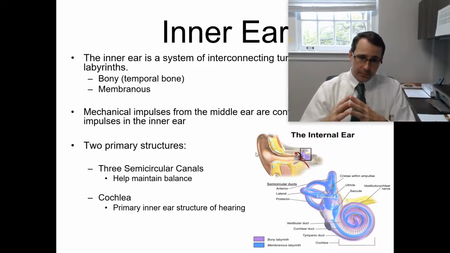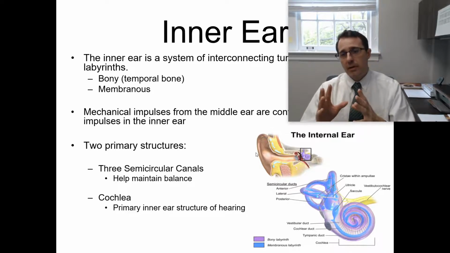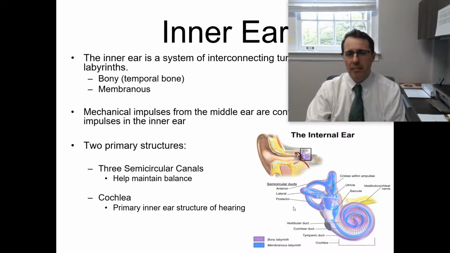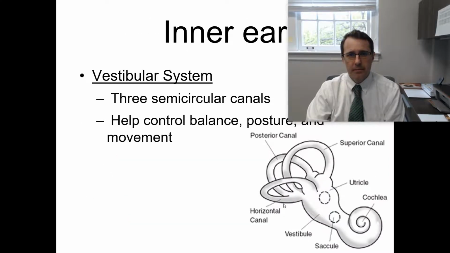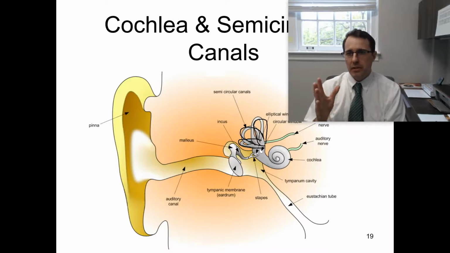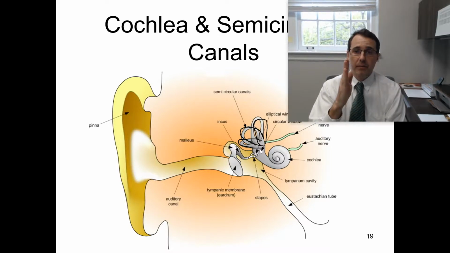You have to have an intact cochlea to hear. So when we refer to the inner ear, we are talking about the cochlea, which is your primary structure of hearing, and we're also talking about the semicircular canals. Semicircular canals are these three loops that come off of the cochlea. Let's see, right here, and right here. And each of the semicircular canals is oriented in a different way.